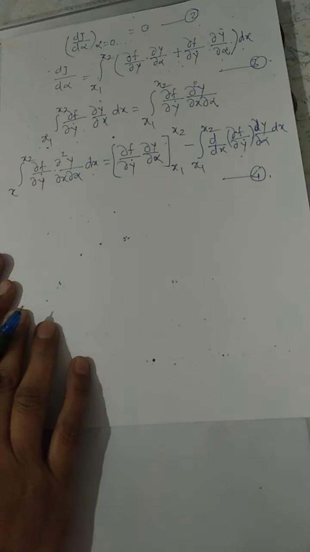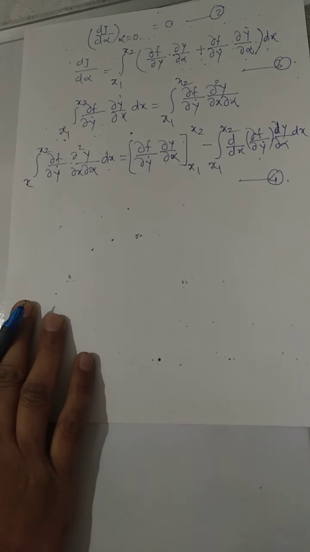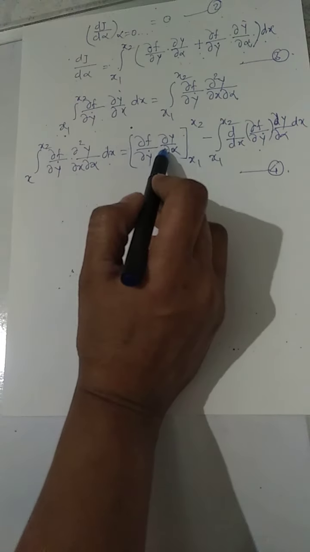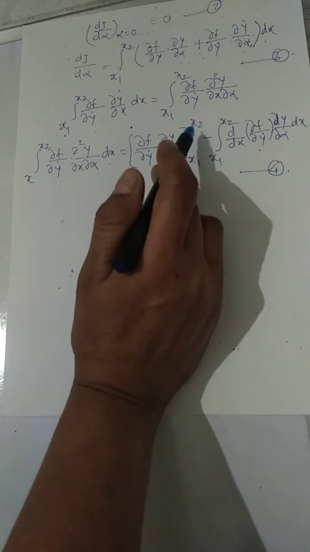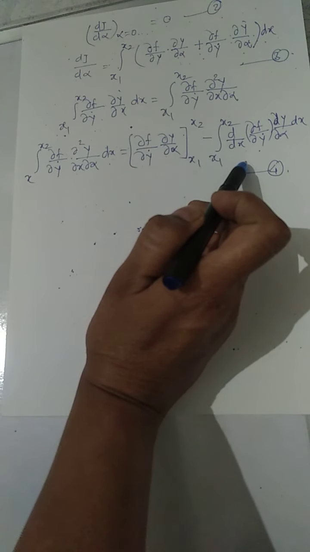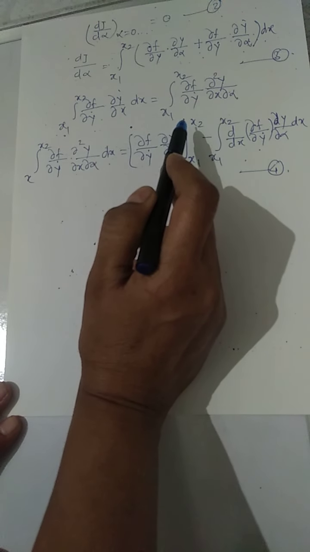The condition on all the varied curves is that they pass through the points (x1, y1) and (x2, y2), and hence the partial derivative of y with respect to α at x1 and x2 must vanish. Putting this value in, the first term of the above equation vanishes.